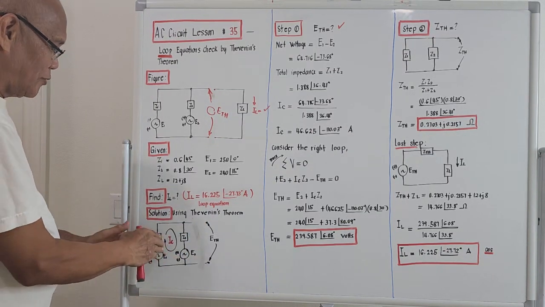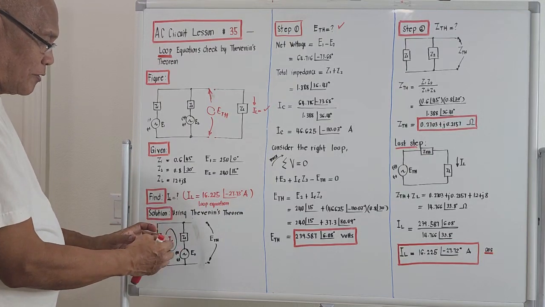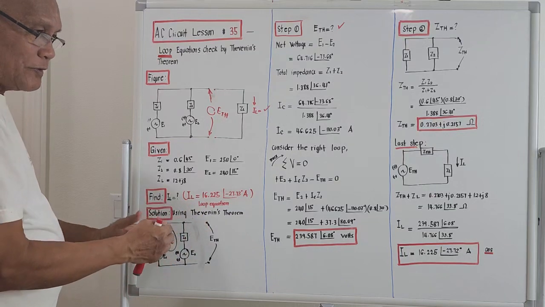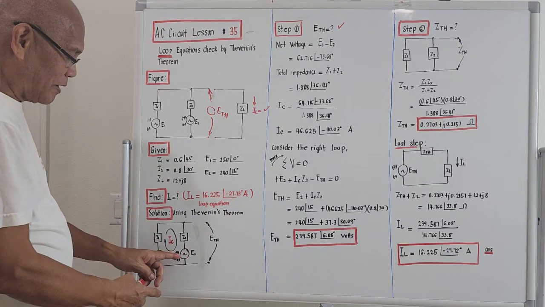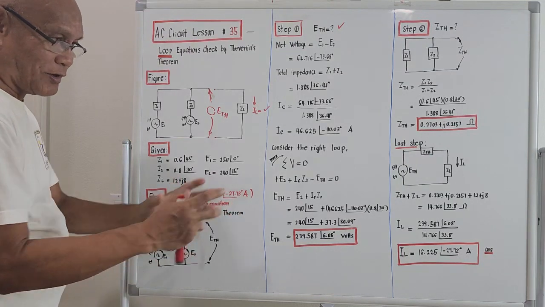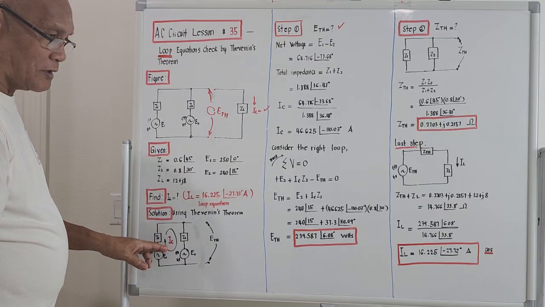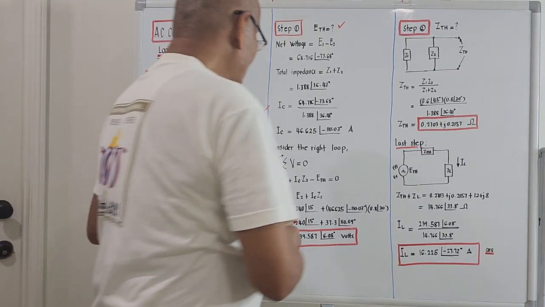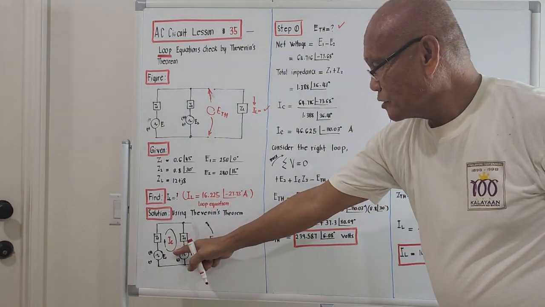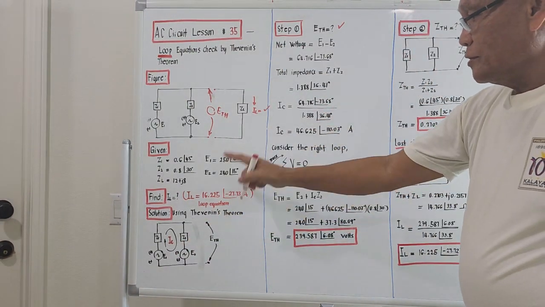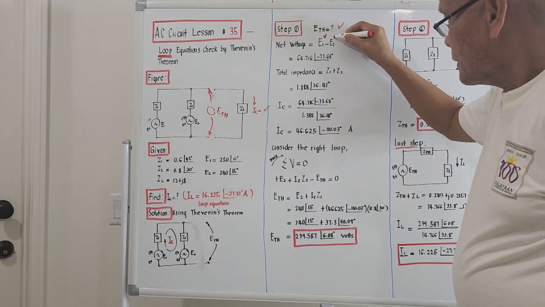It seems this is gone, so we are just having two generators connected in parallel, giving off a current. There will be a current due to this, and there will be a current due to this. What will be the circulating current? The formula on how to compute for the circulating current is the net voltage on the circuit considering the IC loop. The net voltage will be the difference E1 minus E2.